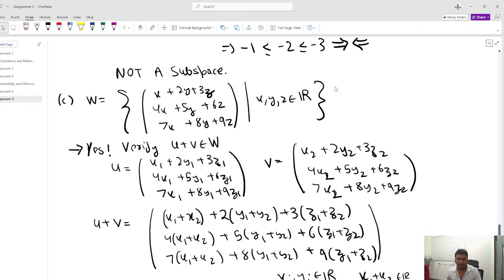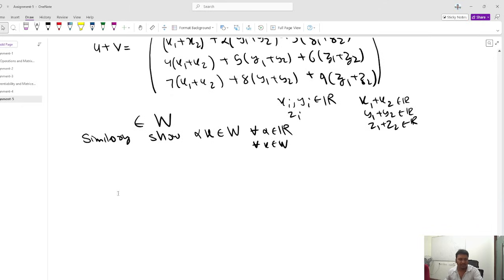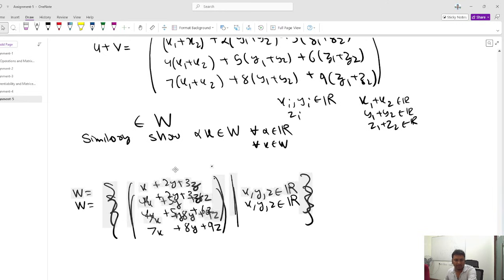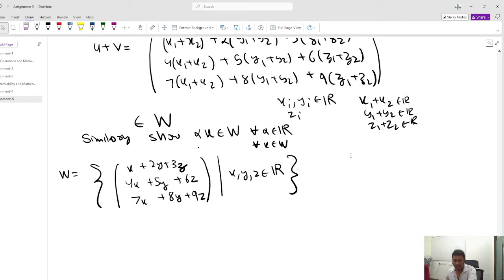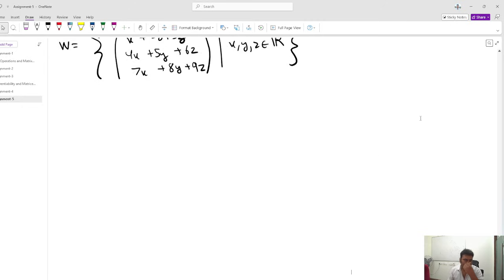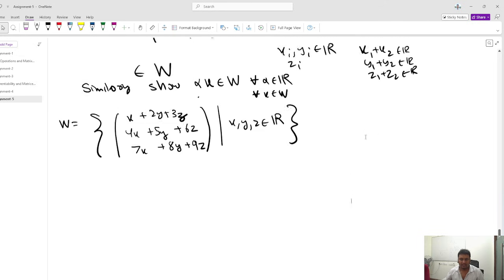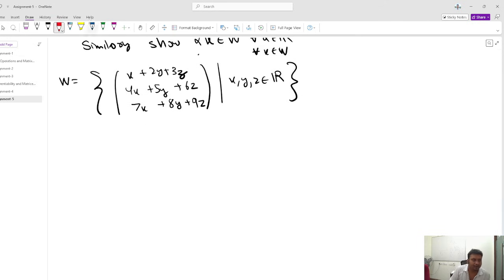Observe what this is. You can take x common, if x is some constant.